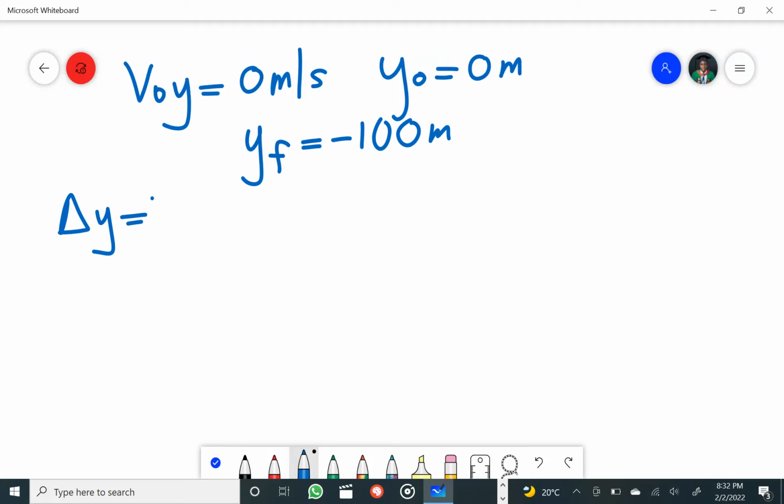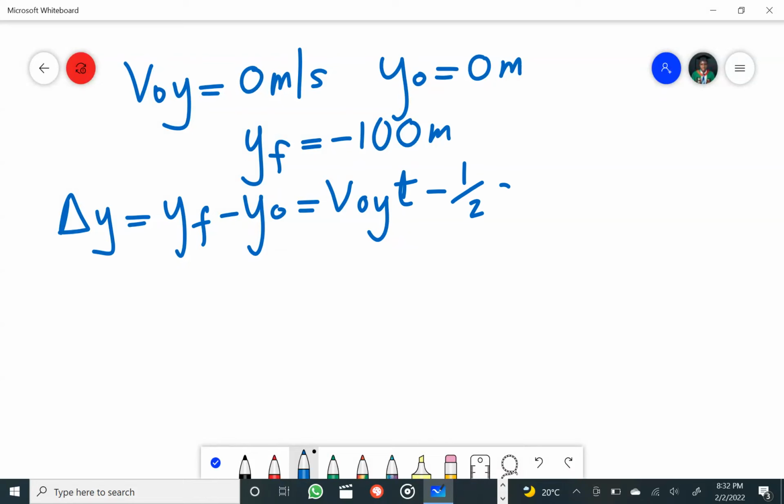Let me just step backward. So change in position, final minus initial, equals initial velocity in the vertical times time, plus half acceleration due to gravity times t squared.